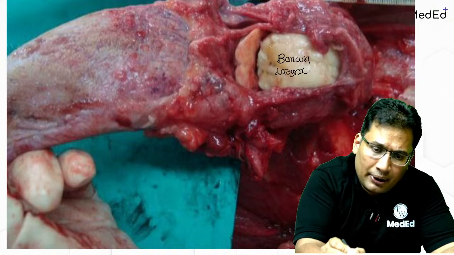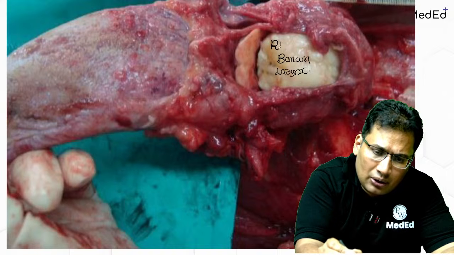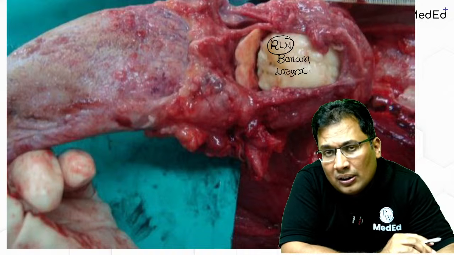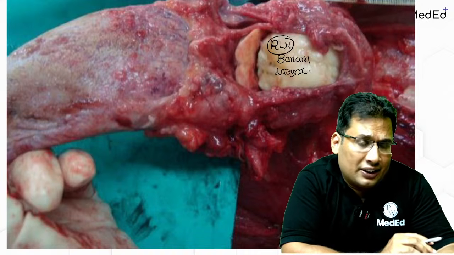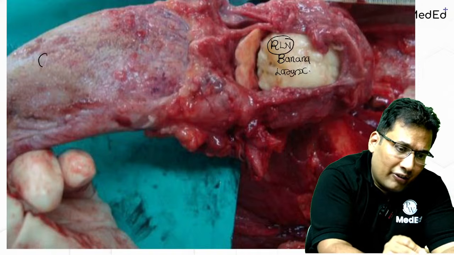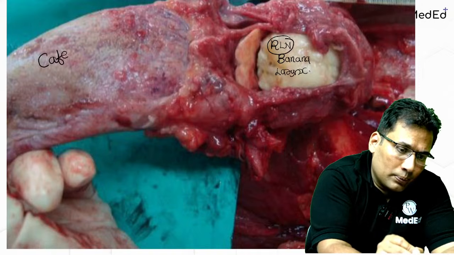This banana piece stimulates the recurrent laryngeal nerve and superior laryngeal nerve, leading to vasovagal inhibition, cardiac arrest and death. So this is classical cafe coronary syndrome.